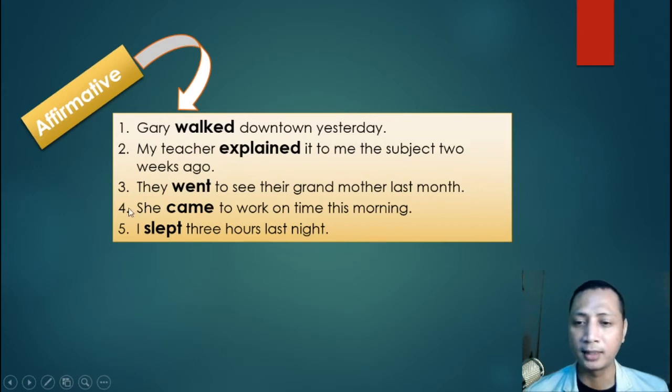All right, next number 4, she came to work on time this morning. Came here is also verb 2. The infinitive is come: come, came, come. So we use came as the verb here. And then the last, number 5, I slept 3 hours last night.